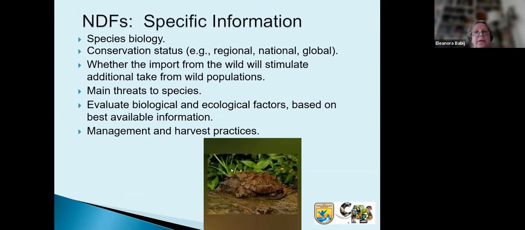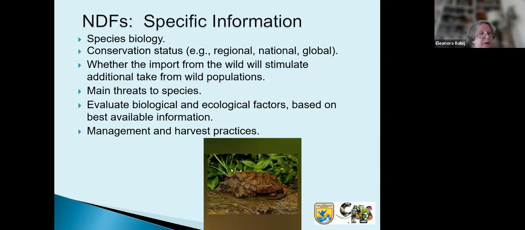Next slide, Thomas. When we start to do a non-detriment finding, we look at a lot of information and we gather it from a lot of different places. We look at the type of specimen and the method of collection. We look at the species biology, which includes the life history characteristics.